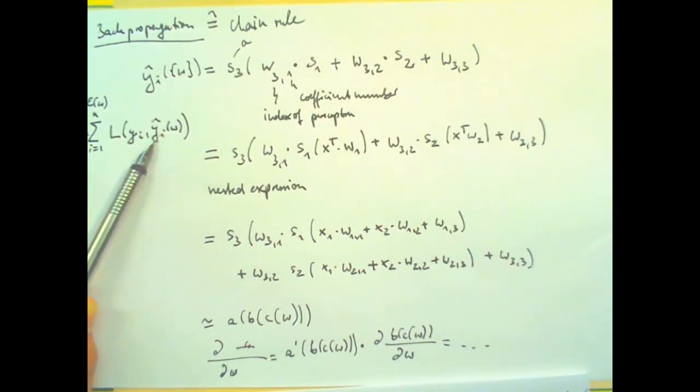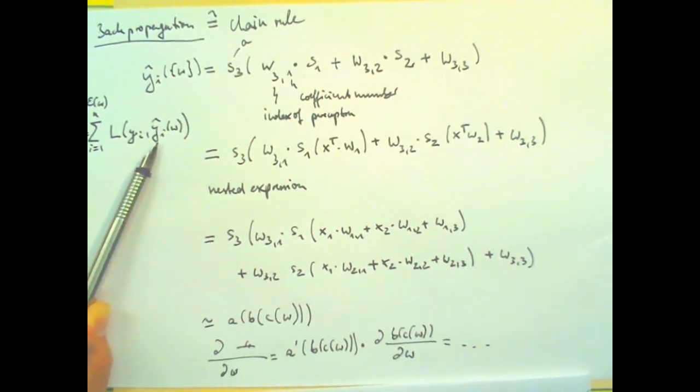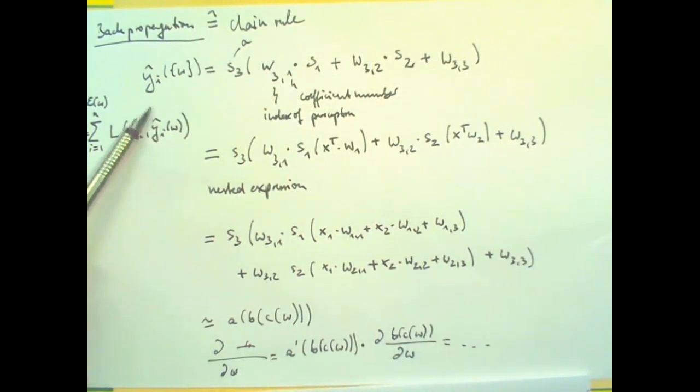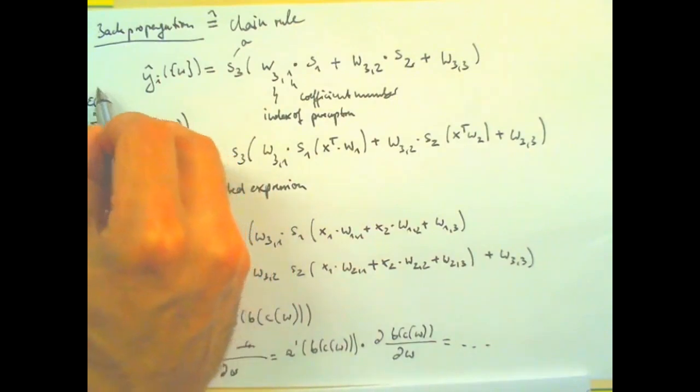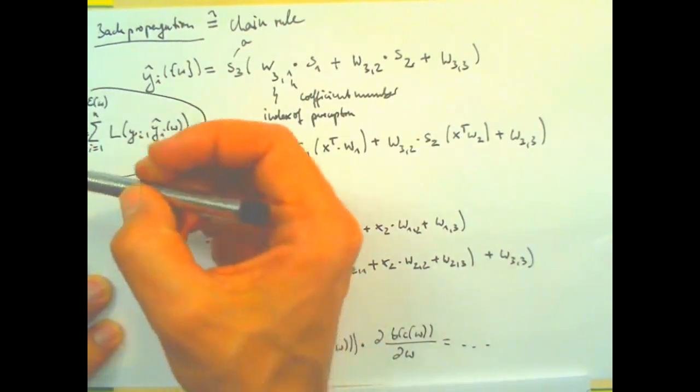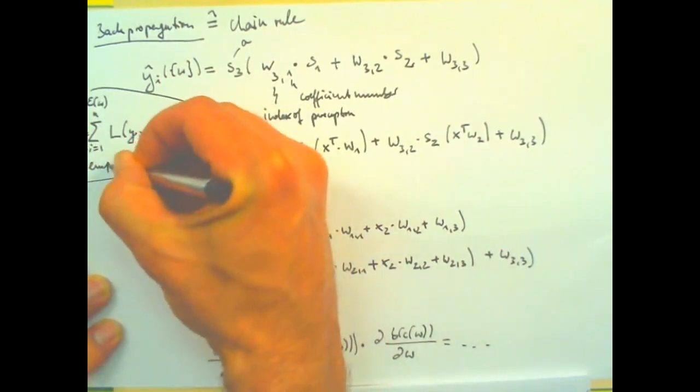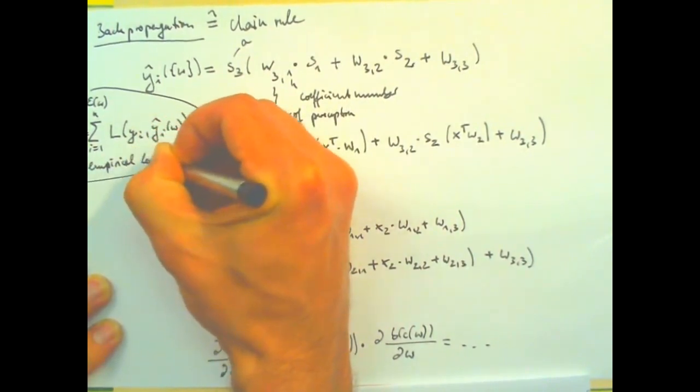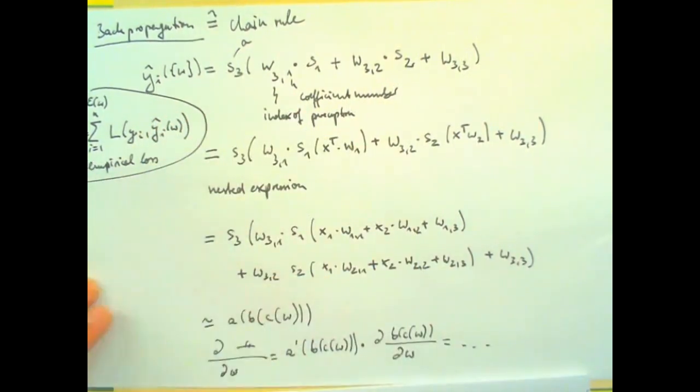So eventually when I compute this derivative, I will get to computing the derivative of my current prediction with respect to the parameters. But really it is this thing here, the empirical loss. This is really the thing that I want to minimize by backpropagation.